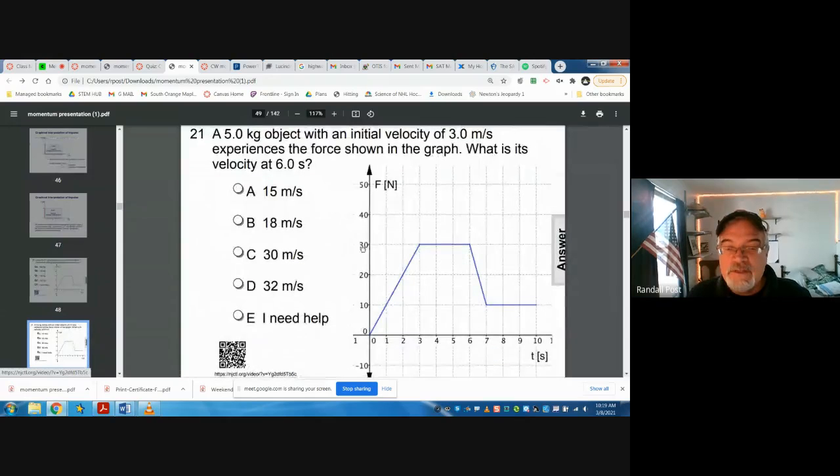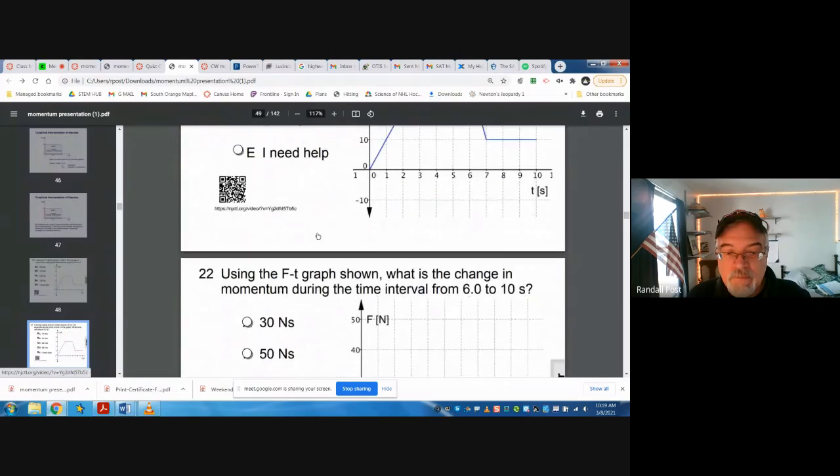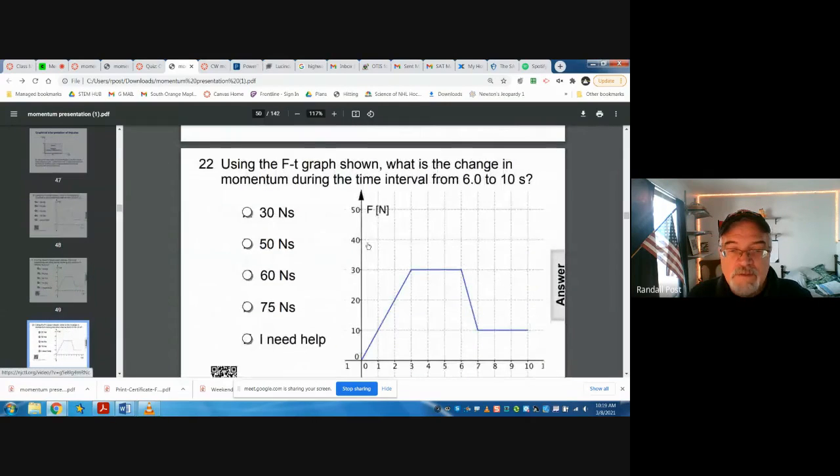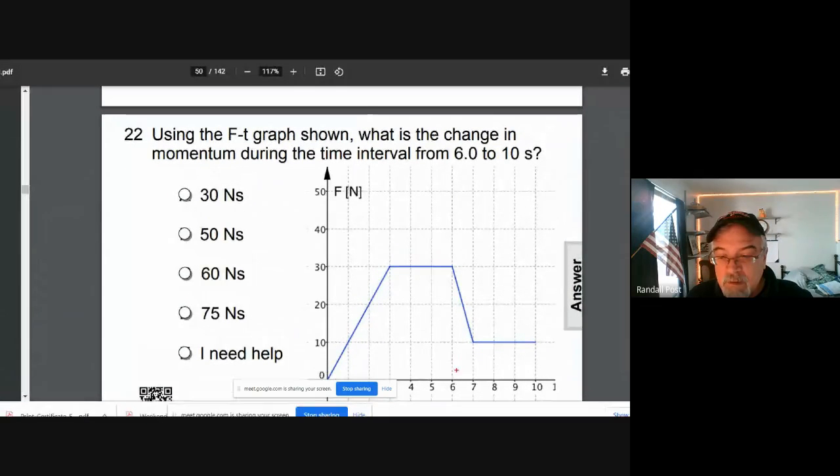All right, so this one is a similar question. From 6 seconds to 10 seconds, you'd simply do area from here to here, 6 to 10. So what do you have? You have a rectangle, right?